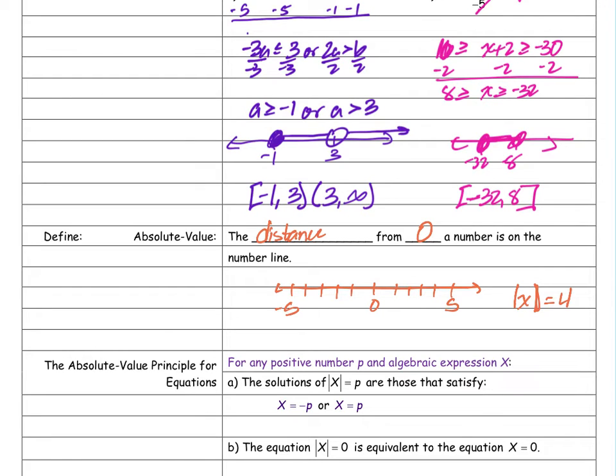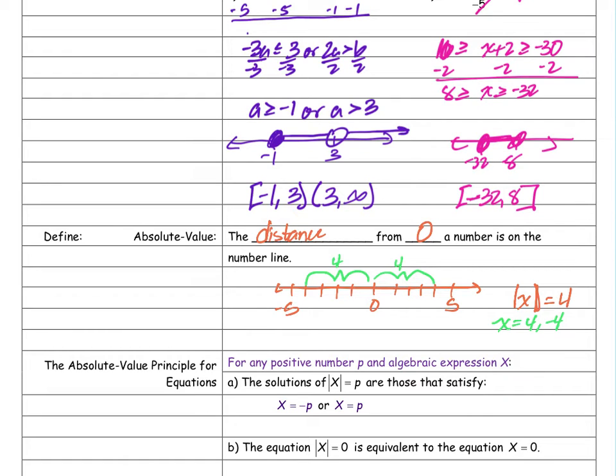Basically what this is asking is how many numbers have a distance of 4 from 0 on the number line. Well, I've got 4, and then I've got negative 4, because negative 4 also has a distance of 4 from 0 on the number line. So x in this case would be 4 or negative 4.